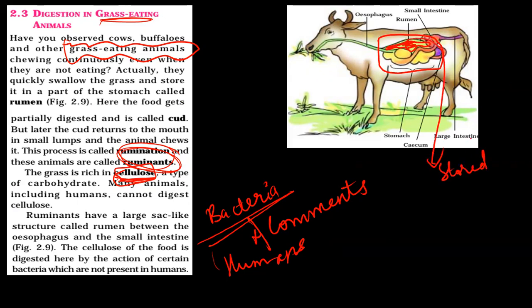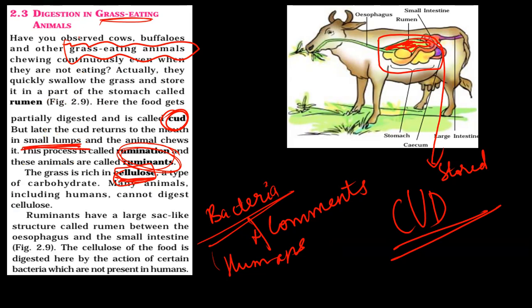After a while, it gets stored and is only partially digested. This is known as cud. Later, the cud returns to the mouth in small lumps, not as a whole, and the animal then chews it.